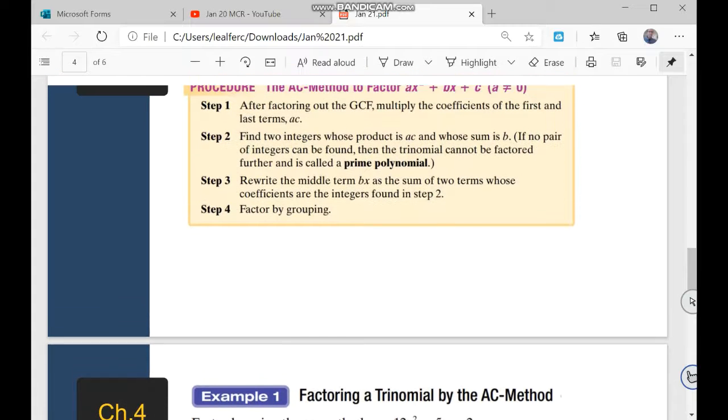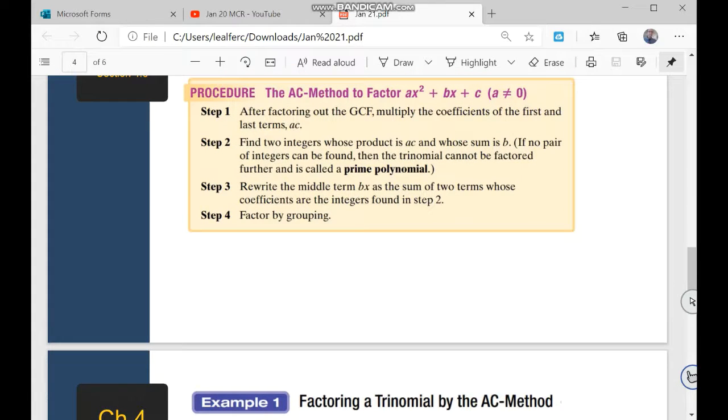Step 3, rewrite the middle term, bx, as the sum of the two terms whose coefficients are the integers found on step 2. And then step 4, you do what we worked yesterday, the factoring by grouping.